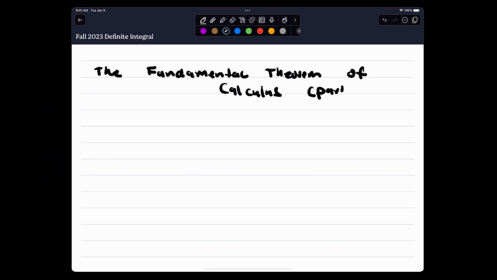I cut to the chase. Fundamental theorem of calculus.